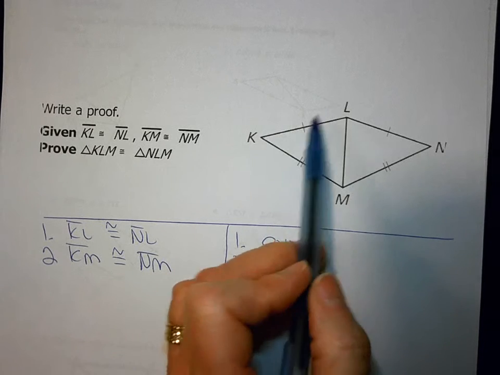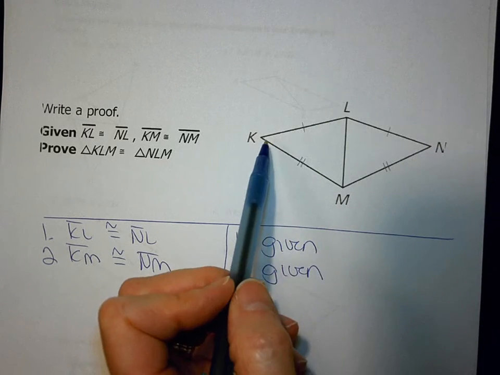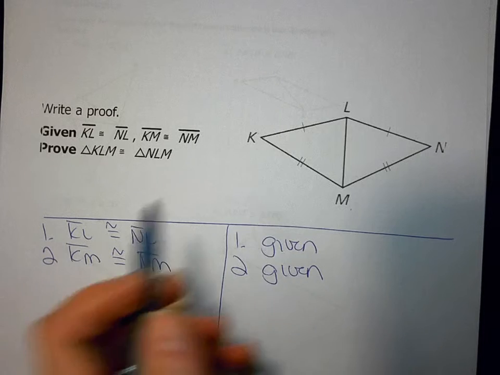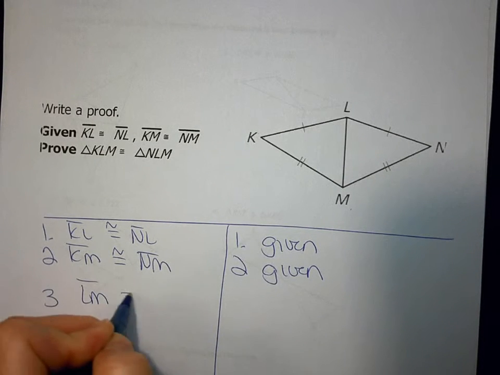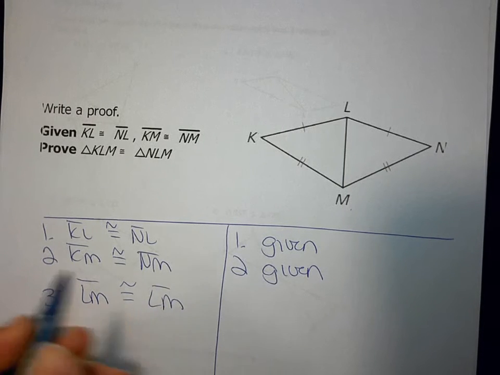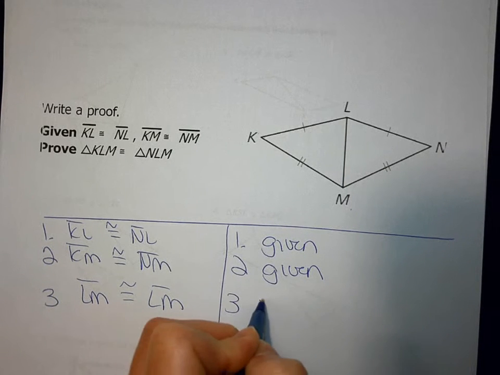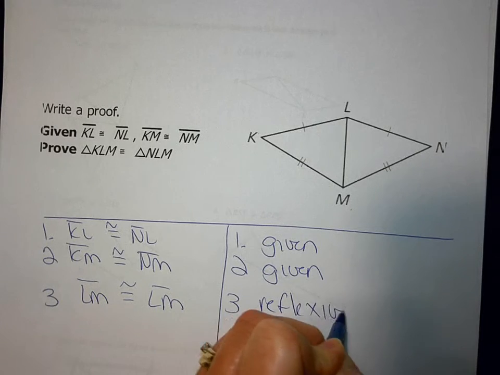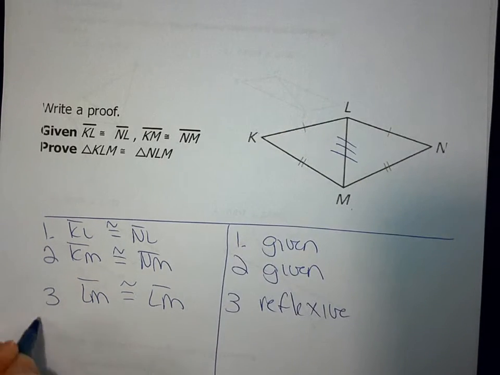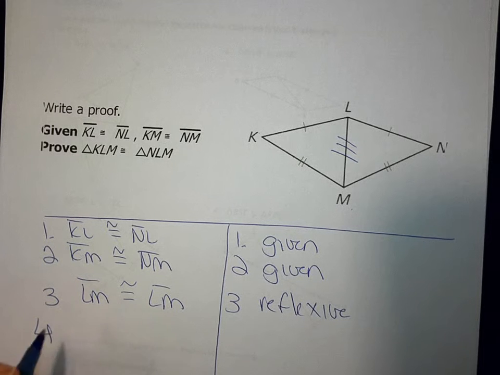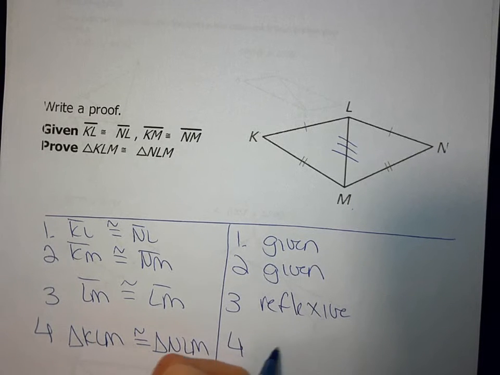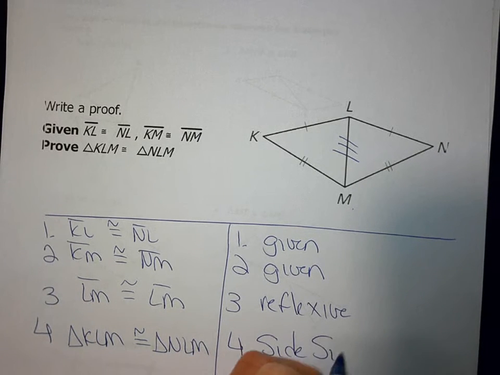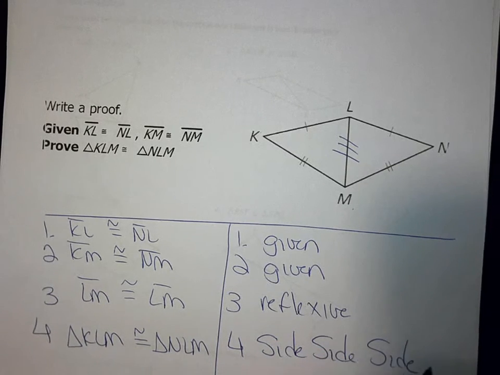Now, we have this piece in the middle that is shared by both sides, so by our reflexive property, LM is congruent to itself, and if we make markings on it, we actually have 3 sets of sides, so triangle KLM is going to be congruent to NLM by side, side, side.